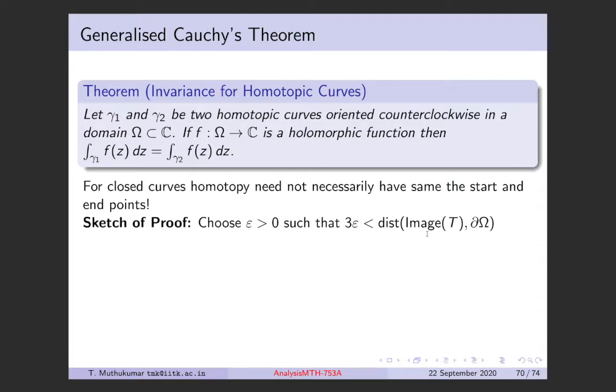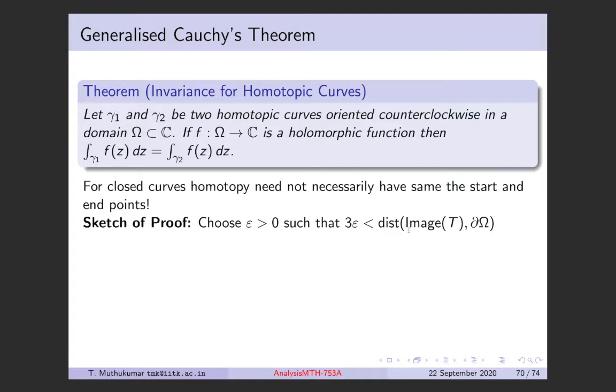The image of T is the region that gets mapped between gamma 1 and gamma 2, the continuous deformation region. Since gamma 1 and gamma 2 are homotopic in omega, this image of T is contained in omega.